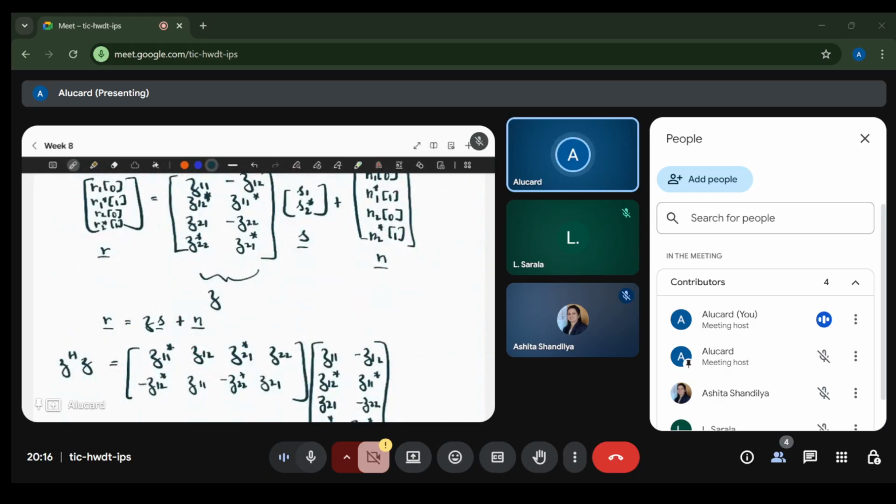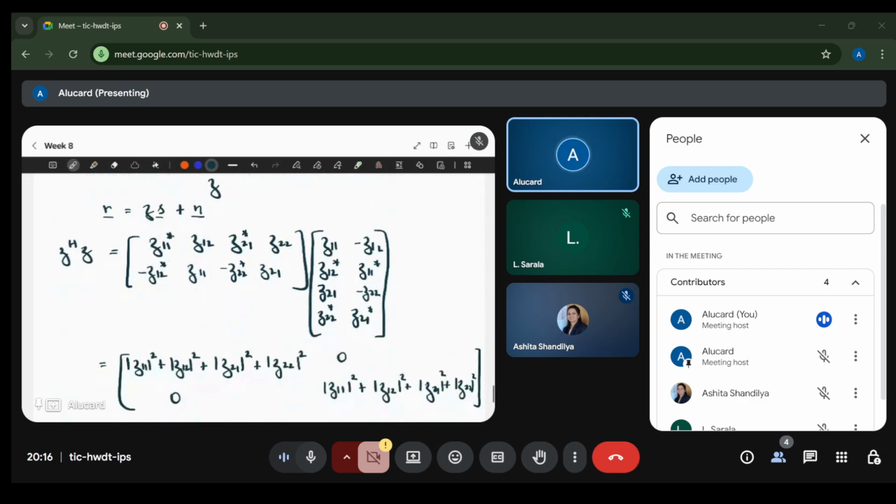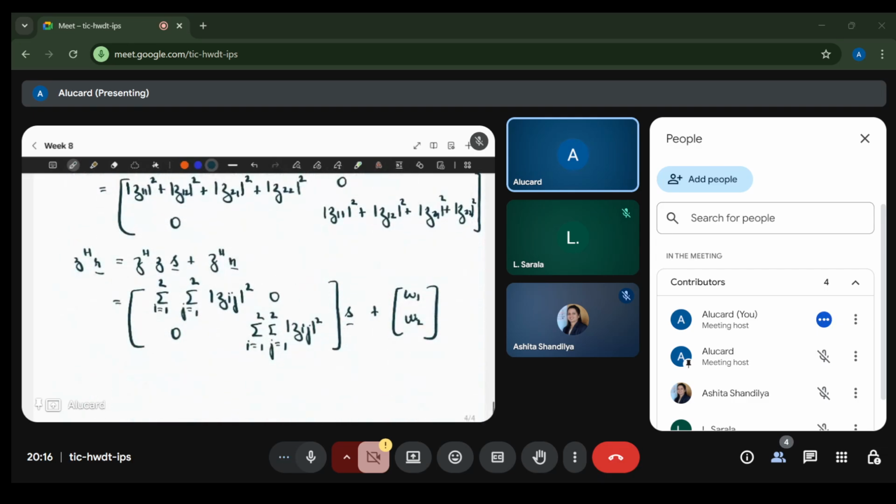Z Hermitian is a 2 by 4 matrix and N is a 4 by 1 vector, so you'll get a 2 by 1 vector. Okay, up to this I have done.